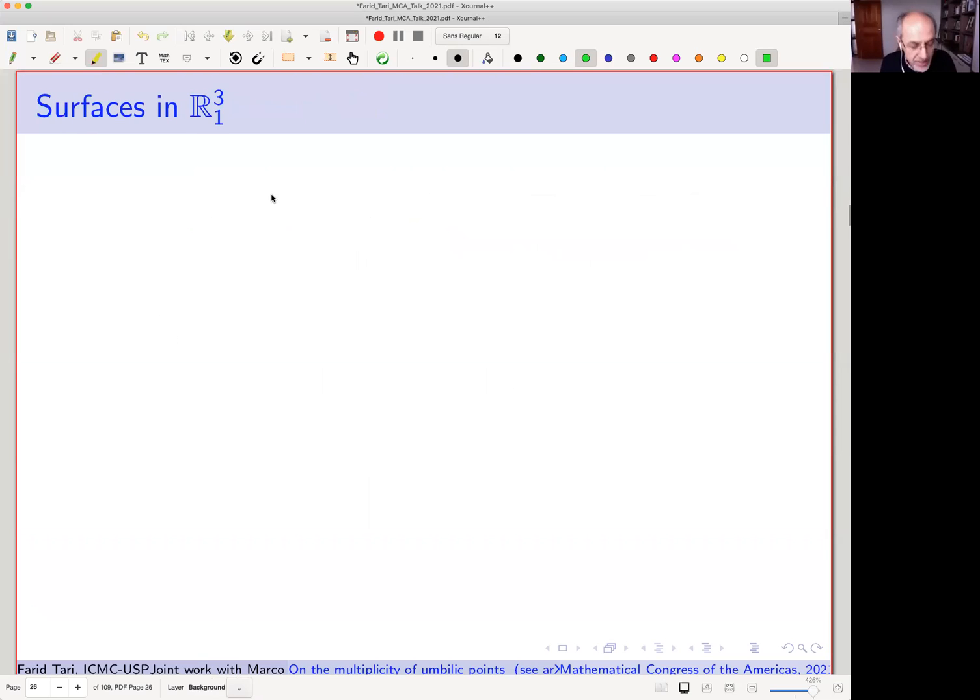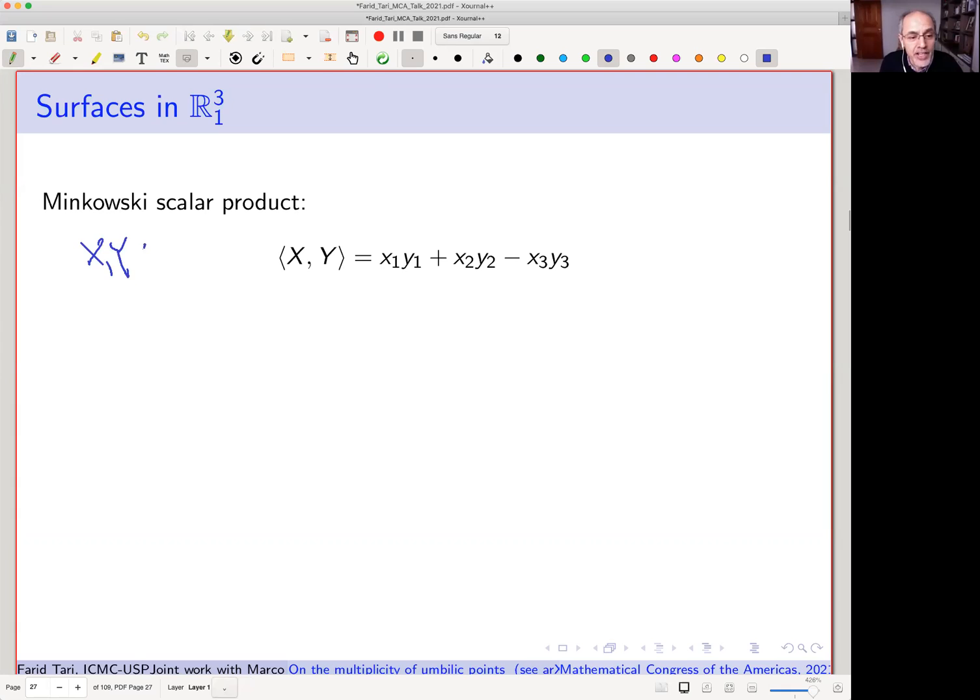All right. Now let's go back to surfaces in the Minkowski 3-space. In the Minkowski 3-space, we have this pseudo-scalar product. If you take two vectors x and y in R3, with the pseudo-scalar product you don't have a plus, you have a minus here.